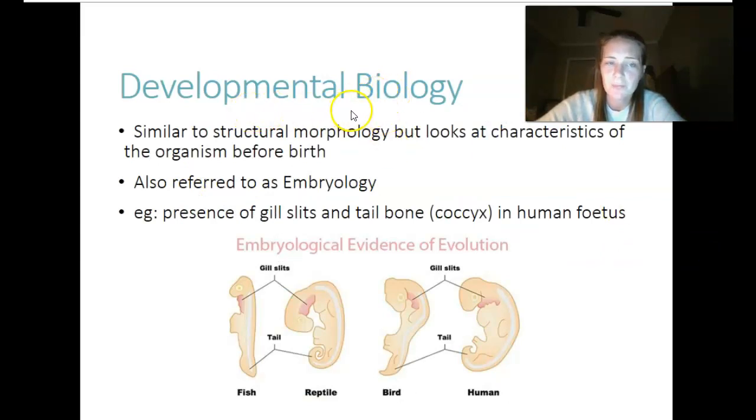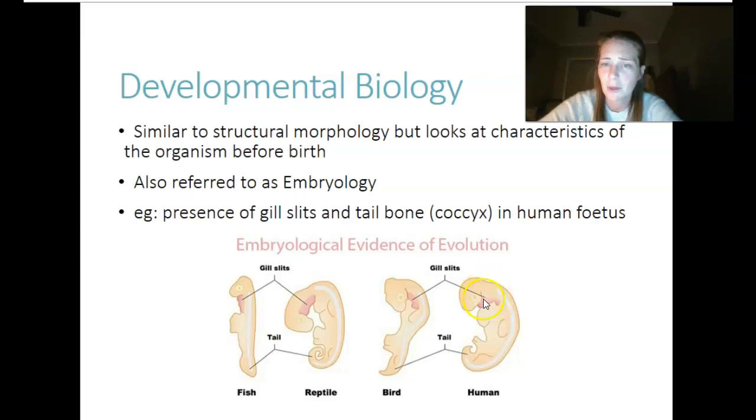Developmental biology, often referred to as embryology, comparative embryology, is essentially the same as structural morphology, but looking at features that are present in an organism before birth. So looking at this as evidence for evolution, the fact that humans and birds and reptiles have developing gill slits as they are developing.